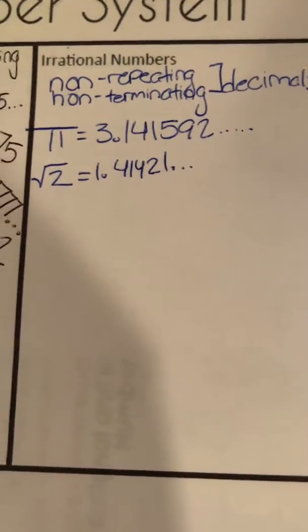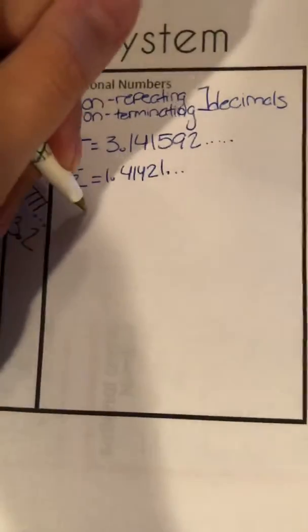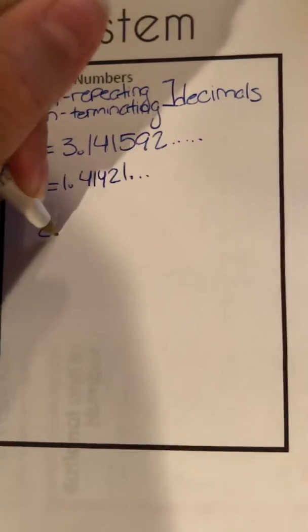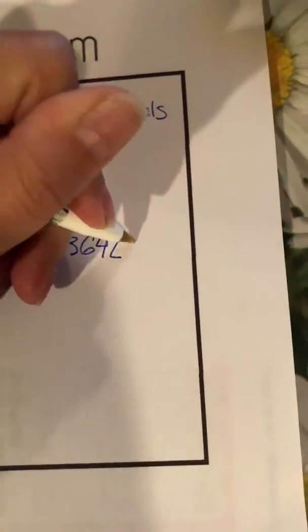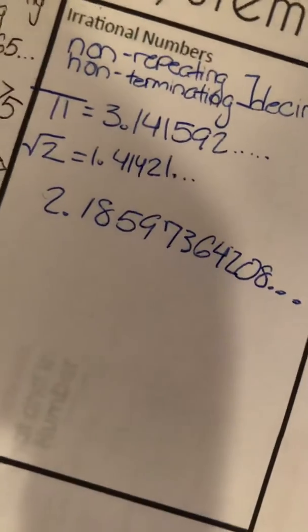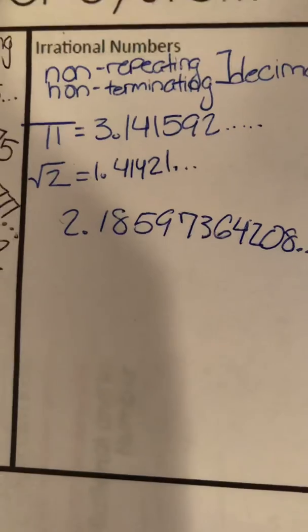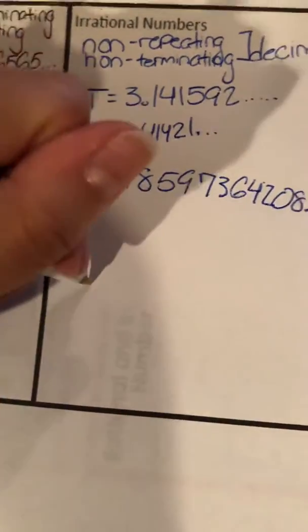Now, another irrational number can just be a number that you make up that can't be put as a fraction. So I'm going to do 2.18597364208, continue on and on forever. That number cannot be put as a fraction. That is why it's an irrational number.